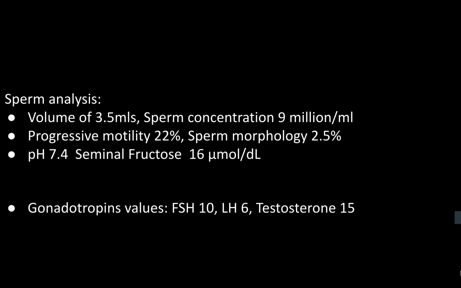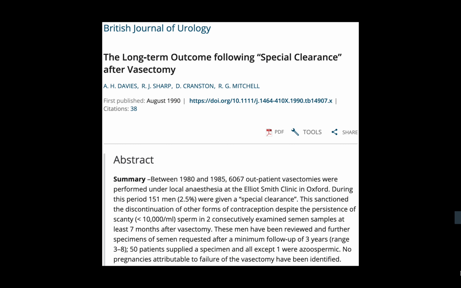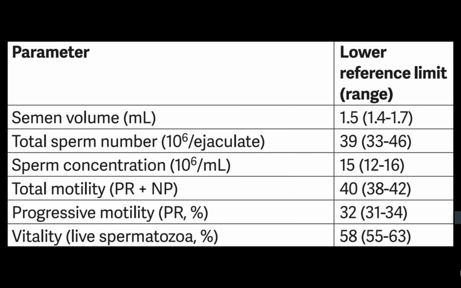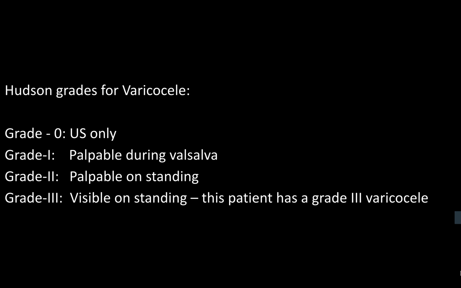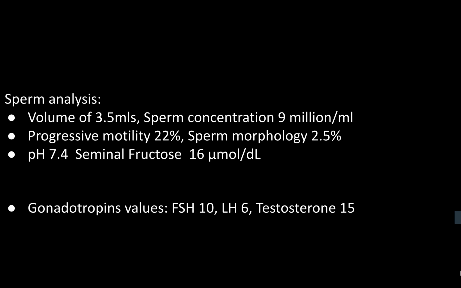His sperm count is less than 10 million, so I would like to have a few other tests for him from the start, such as karyotyping, microdeletion, and blood for CFTR gene mutation. I would plan to treat his varicocele, as I said earlier, that we have evidence now from the latest Cochrane review, and also it has been given in the guidelines such as EAU guidelines and AUA guidelines. But I'm aware that the NICE guideline doesn't recommend it, but now we have enough evidence to treat his varicocele.